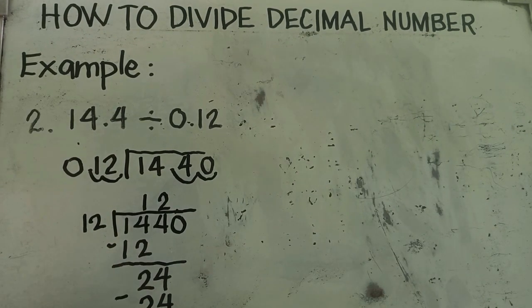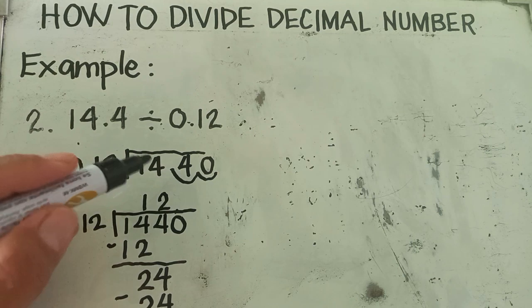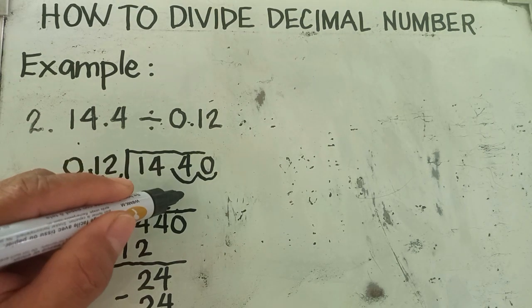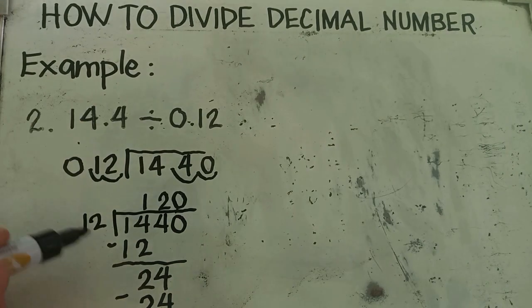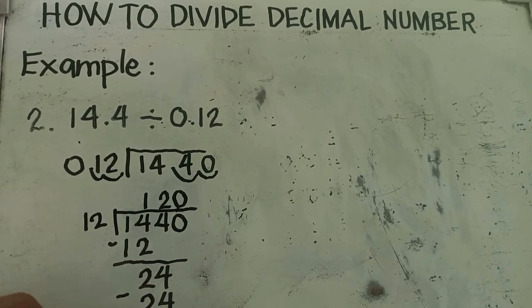So now, bring down natin ang 0. So 0 divided by 12 is equal to 0. Sulat na natin ang 0 sa ibabaw ng 0. So 0 times 12 is equal to 0. So 0 subtracted by 0 is equal to 0.